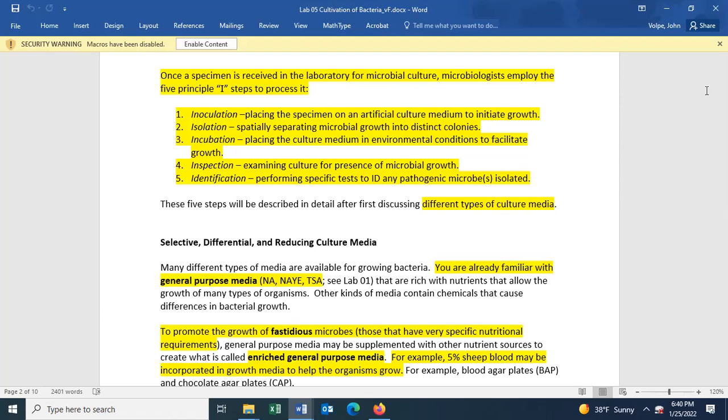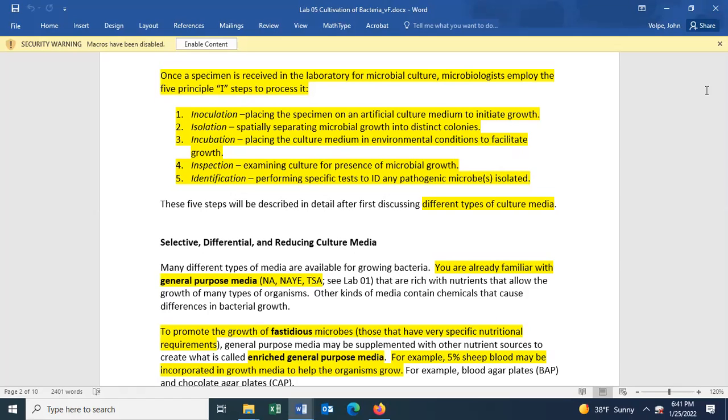Isolation, spatially separating microbial growth into distinct colonies so that we can isolate specific species. And you probably will need to isolate it 2 times, meaning send it through colony isolation 2 times to isolate into distinct species. Incubation, placing the culture medium in the environment conditions to facilitate growth.